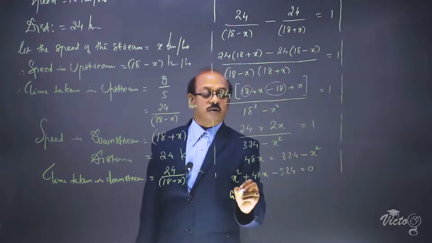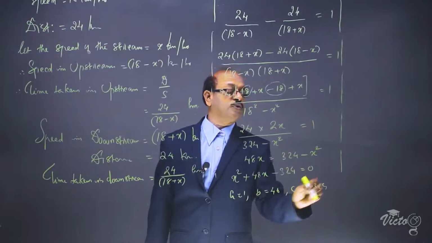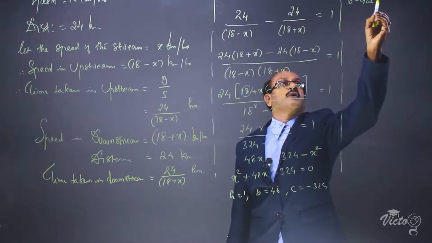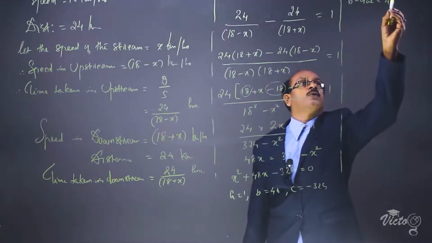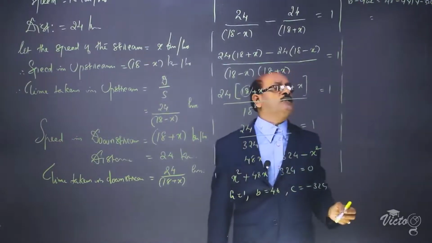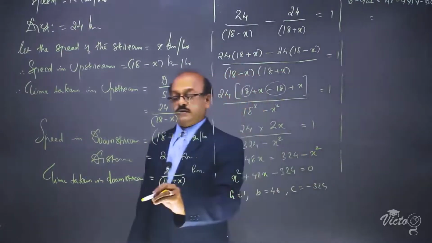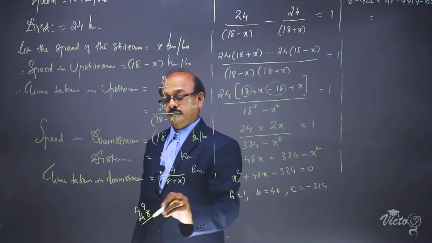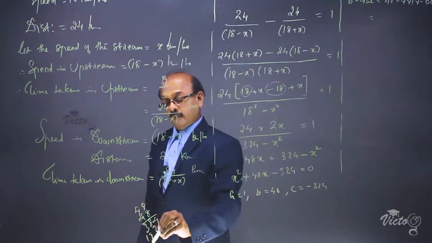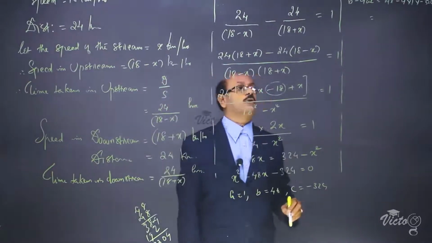Here the value of a is equal to 1, b is equal to 48 and c is equal to minus 324. Now b square minus 4ac is equal to 48 square minus 4 into 1 into minus 324. 48 square we can find out by multiplying 48 into 48. 48 square is equal to 2304.